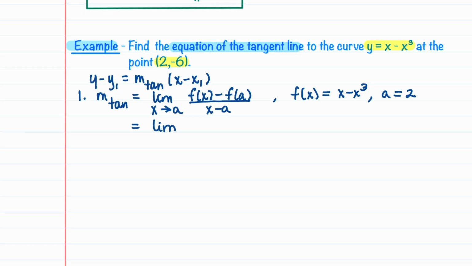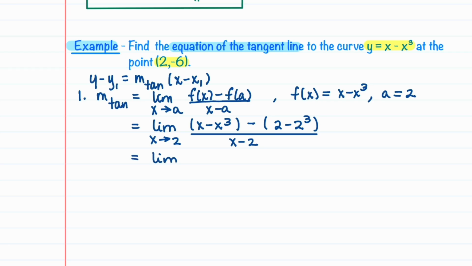This is now the limit as x goes to 2 of f of x, which is x minus x cubed, minus f of a, which is 2 minus 2 cubed, all divided by x minus a, which is x minus 2.